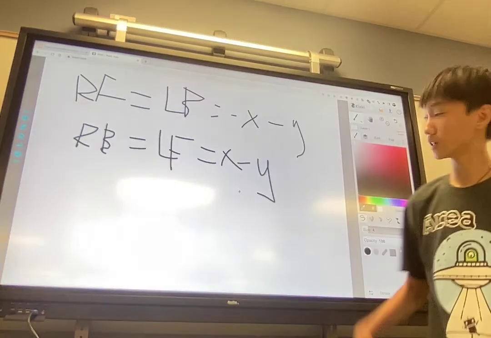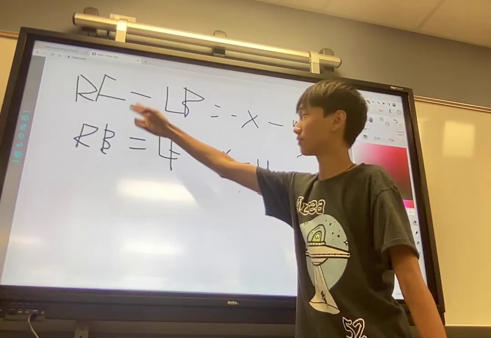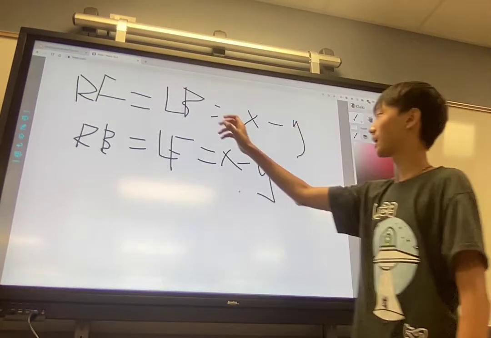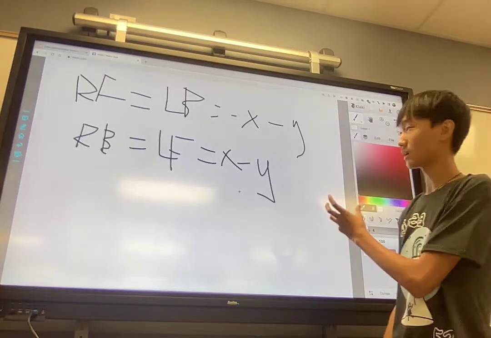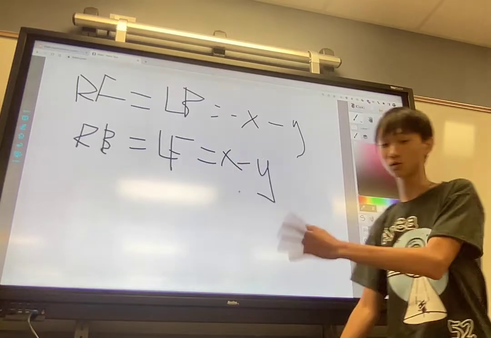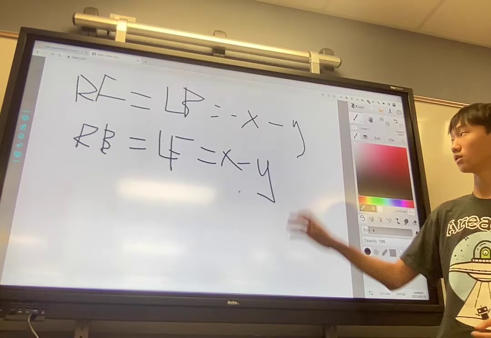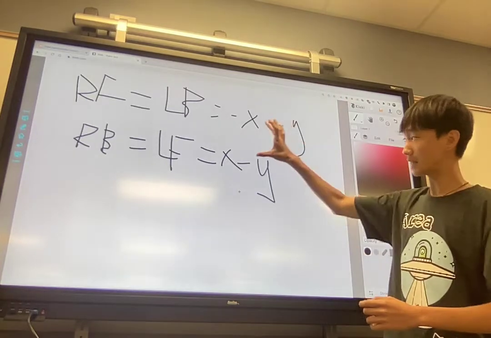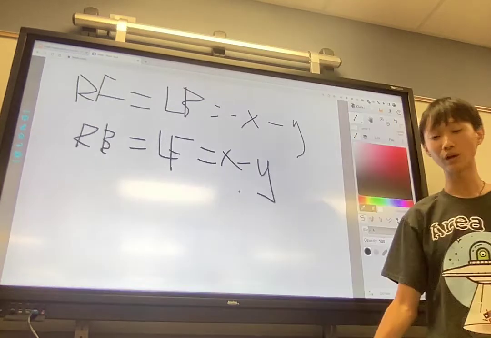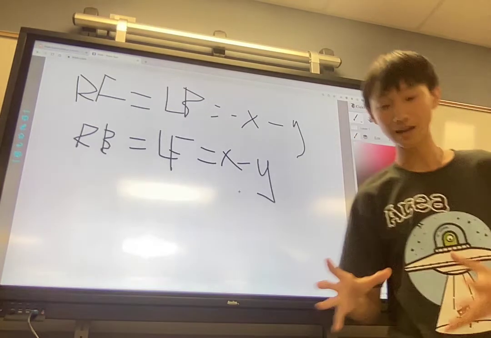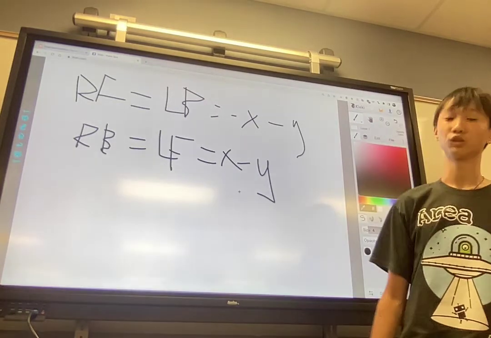So this is the right front motor, left back motor, and then we give it the joystick x and y values: negative x minus y, and then the right back motor equals the left front motor equals the joystick x minus the joystick y. So we can use this equation and replace this x and y with the x and y of the new theta, the new angle that we found. And that will be the values that we can feed to the robot in order to implement field-centric drive.